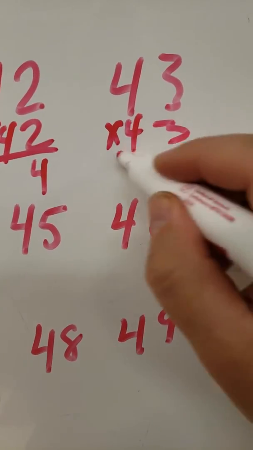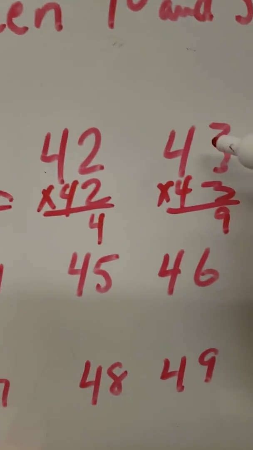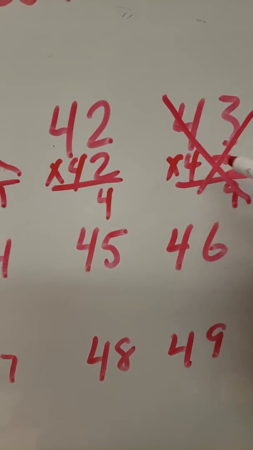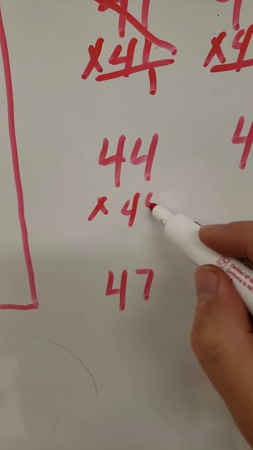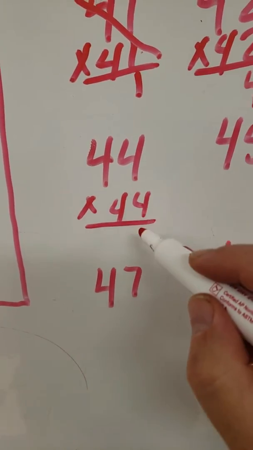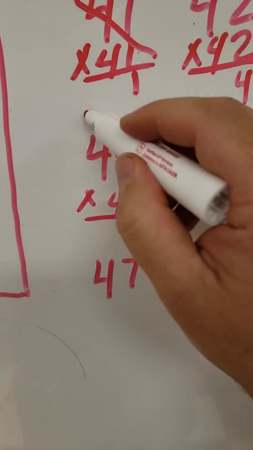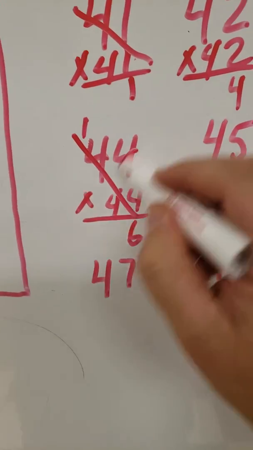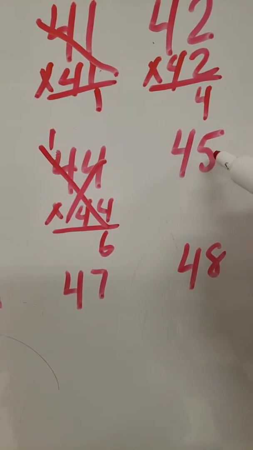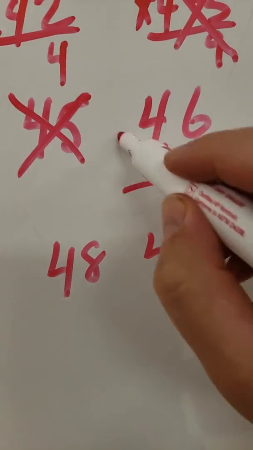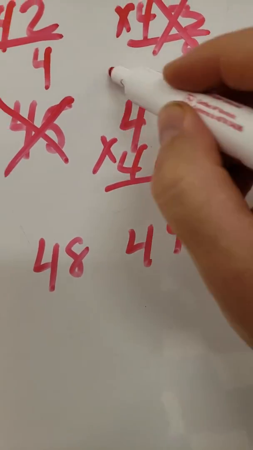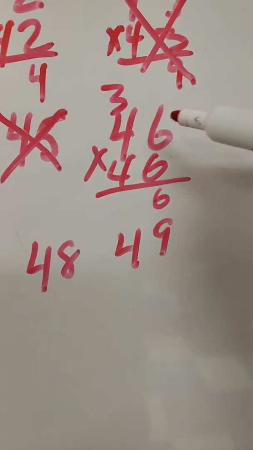43 times 43 is going to end with a 9, not a 4. Eliminate. 44 times 44. Well, 4 times 4 is 16. Carry the 1, and it ends with a 6. Eliminate. I know that 45 is going to end with a 5. We all do. Eliminate. Times 46. That's going to be 6. Carry the 3. Ended with a 6, not a 4.